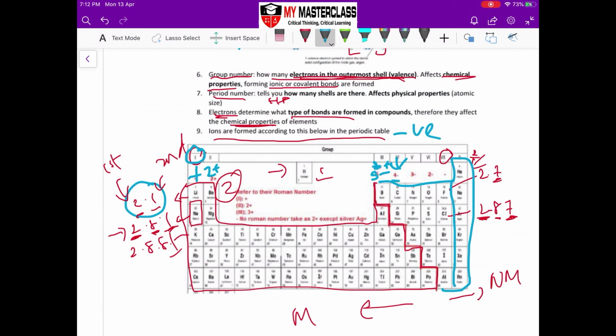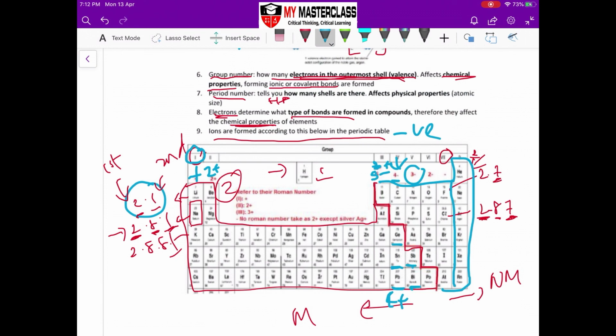Your Ge, Sn and Pb, your tin and your lead especially, will all form 4 plus because they are metals. Group 5, 5 outer electrons, they gain 3 negative electrons, they form 3 minus. Those others will form 5 plus because they are metals.